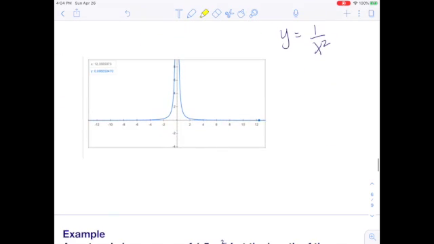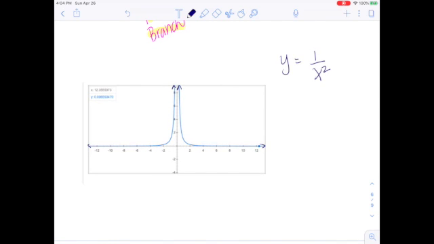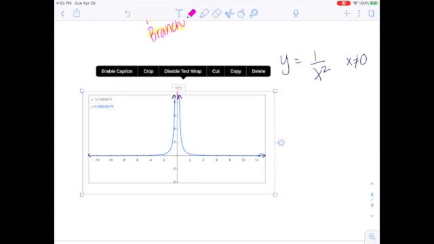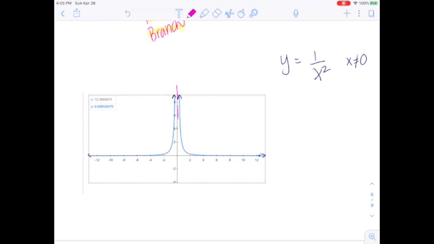All right, another example of a rational function looks like this. So these are little arrowheads up here and down here. So this one is when y is equal to 1 over x squared, which again, same story, x can't equal 0, which creates a vertical asymptote at x is equal to 0.